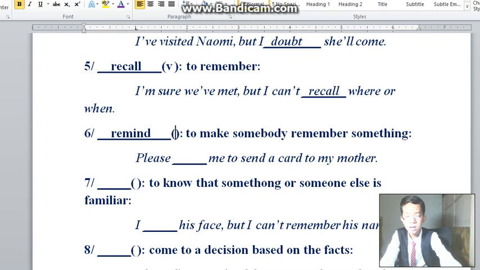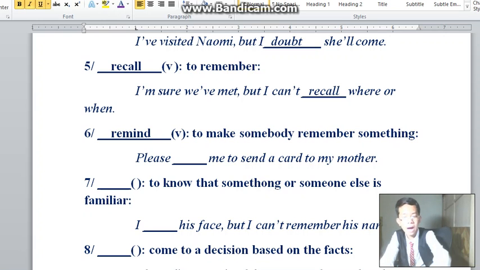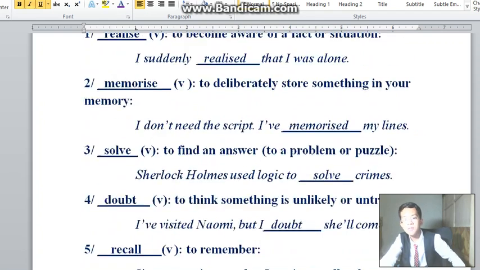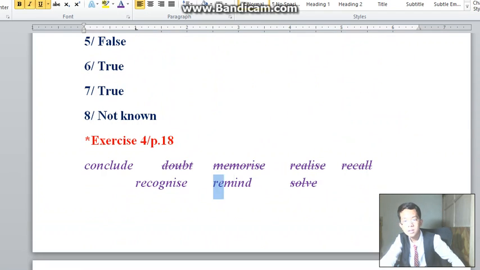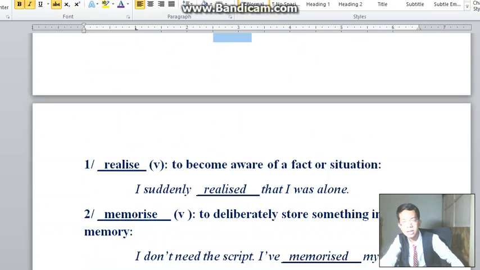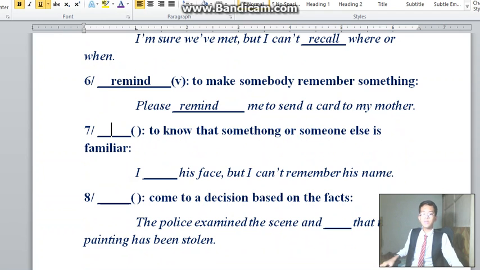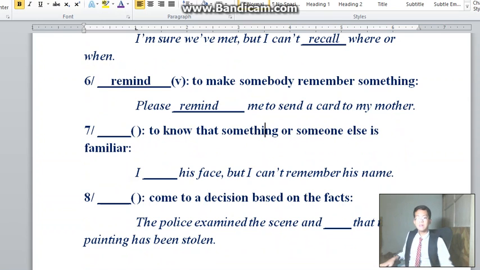It is a verb. Please remind me to send a card to my mother. Okay, so we have put remind. So we only have conclude and recognize. To know that something or someone is familiar. I recognize his face, but I cannot remember his name.